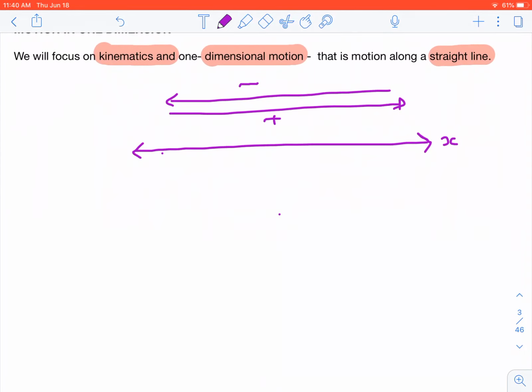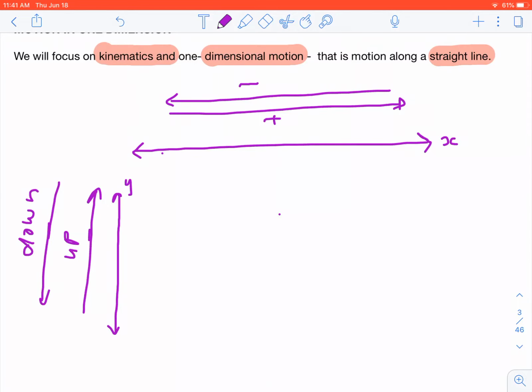Or alternatively, we could also have an object moving up or down along the y-axis. The motion is along the line, and it could be going up, or the motion along that line could be down.